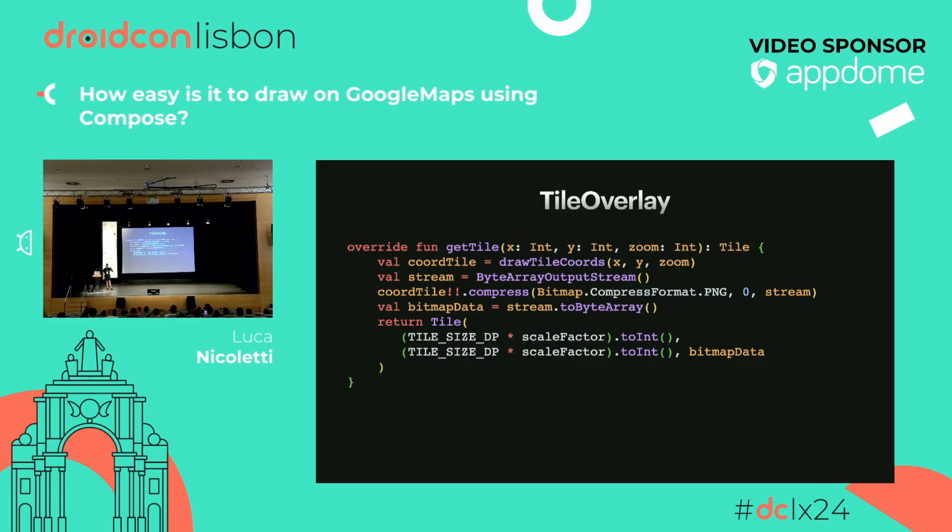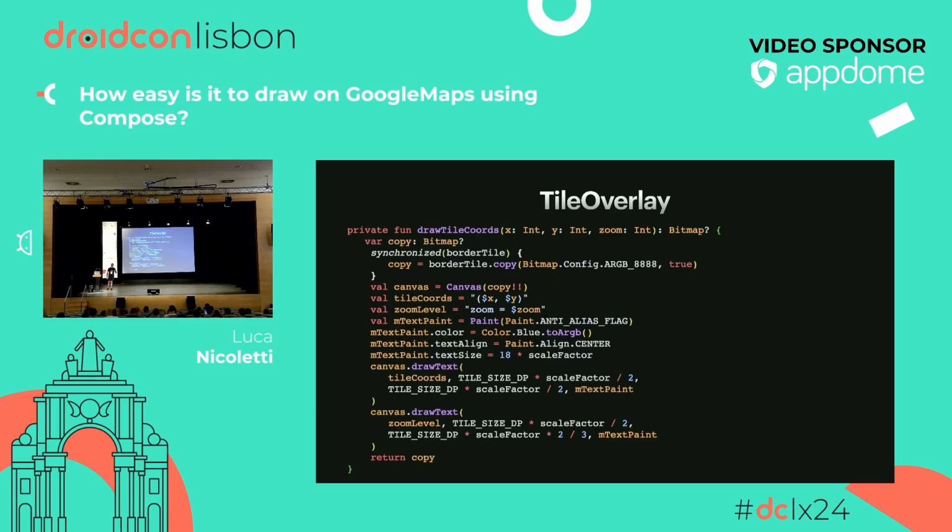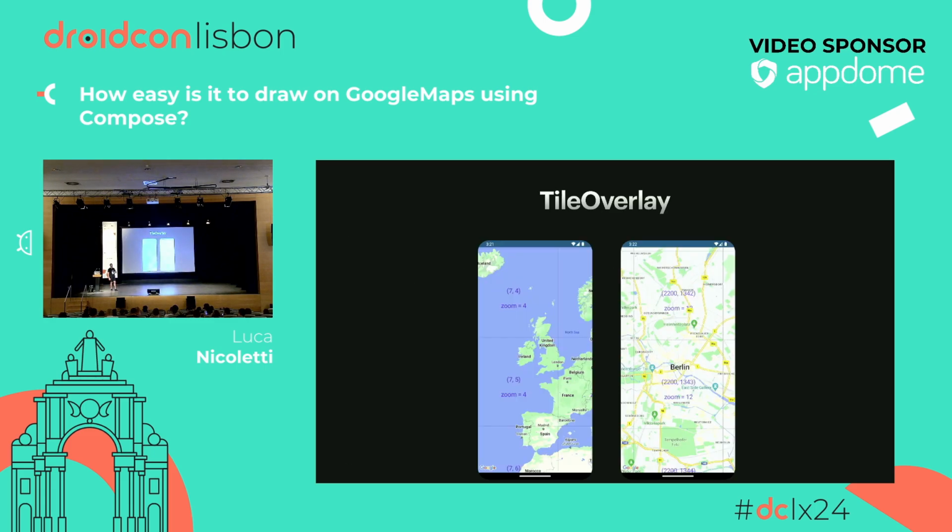Basically it creates a stream, compresses this stream, and returns a tile with the bitmap data. To draw the coordinates, it uses a canvas and writes using the text paint on the canvas. And this is the result. You might see that the coordinates are not really latitude and longitude, because they represent the X and Y on the grid of tiles that the map is divided into.